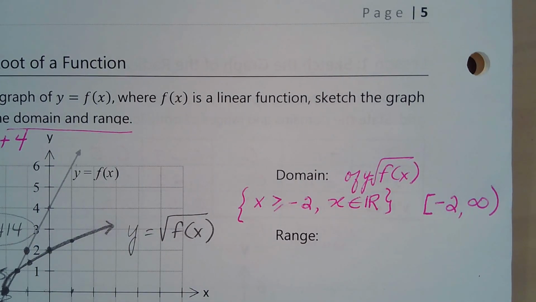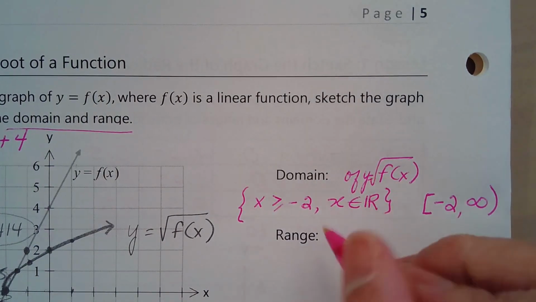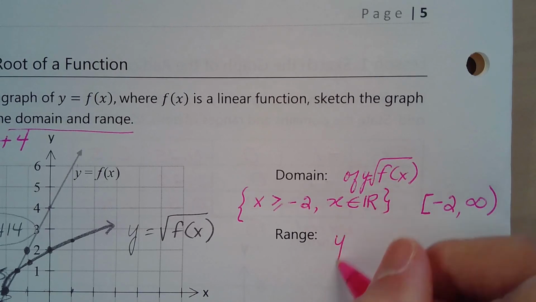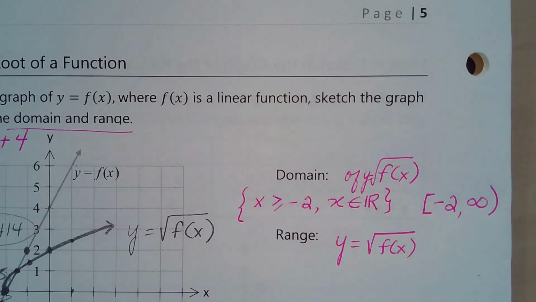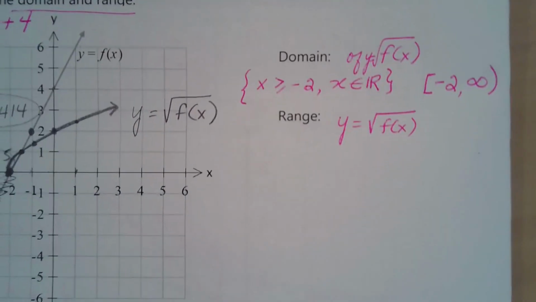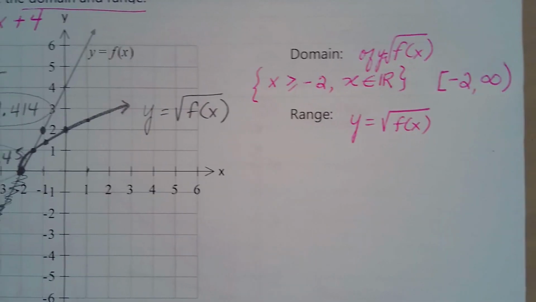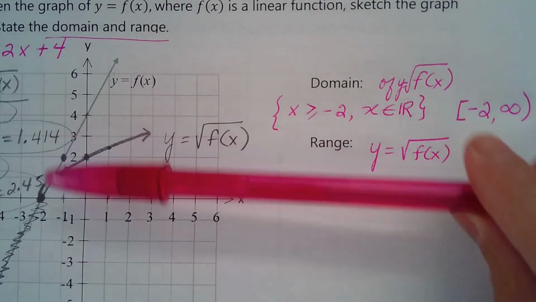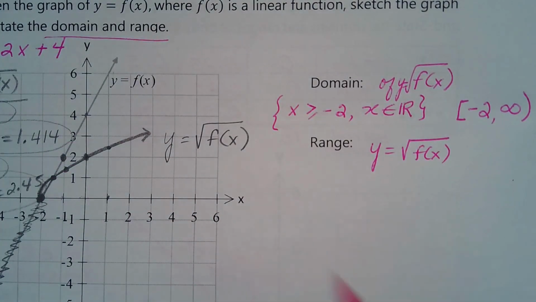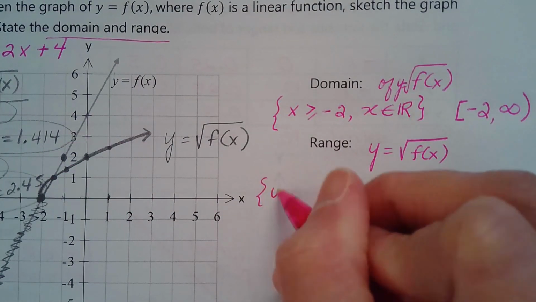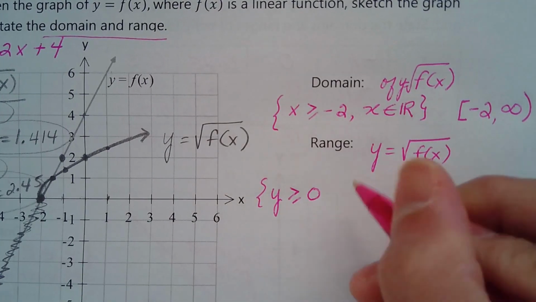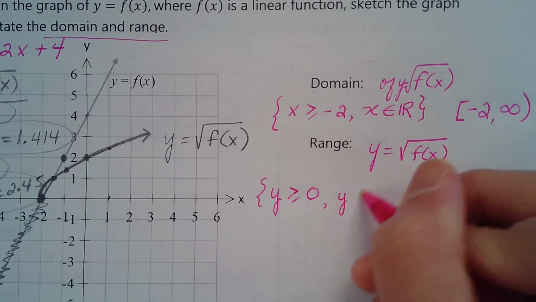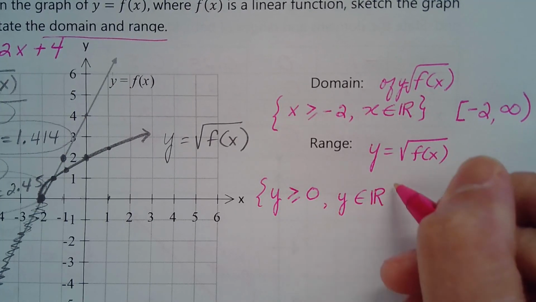Okay, is that good? Now take a look at the range. Range of y equals the square root of f of x. What is the range of that function? The range is the possible y values greater than or equal to 0. So y is greater than or equal to 0, where y is an element of real numbers.